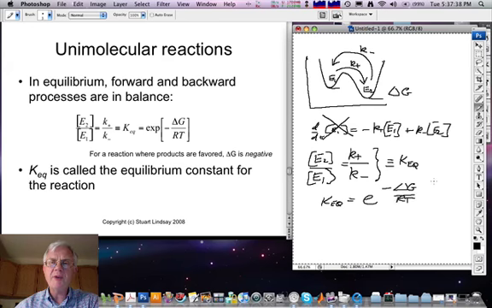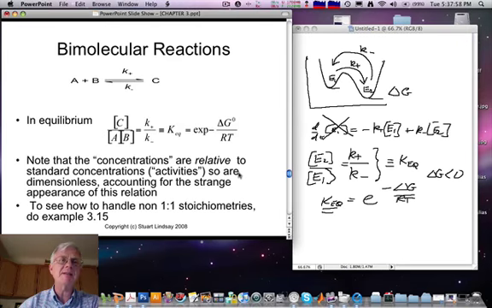Remember that for a favored reaction, delta G is negative, and this means that if the reaction is strongly favored, this is the exponential of a large number, so K equilibrium is a large number. And most of the system of reactants and products will be found as product, if that indeed is the case.